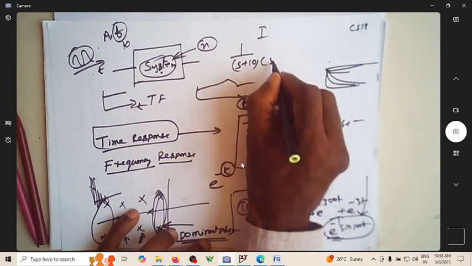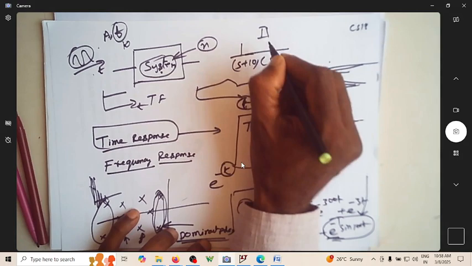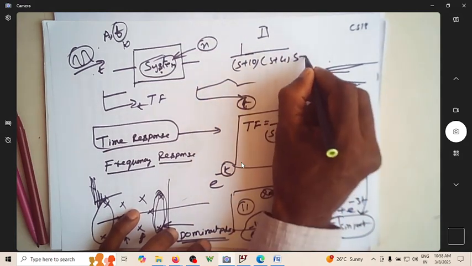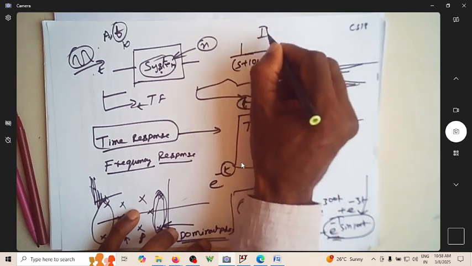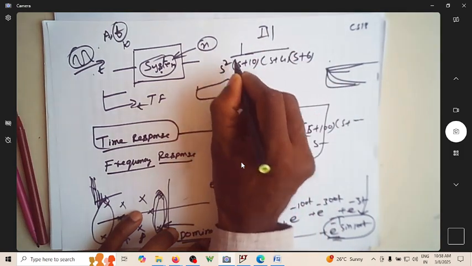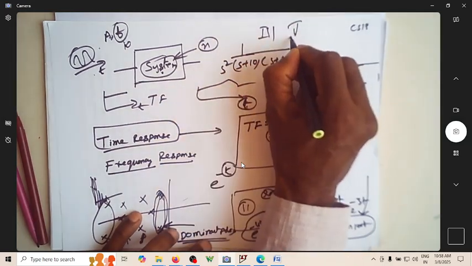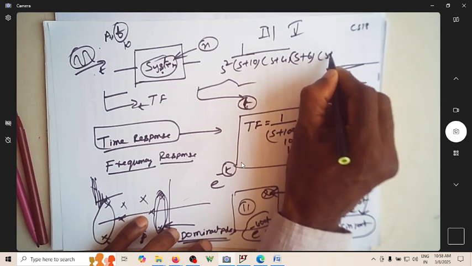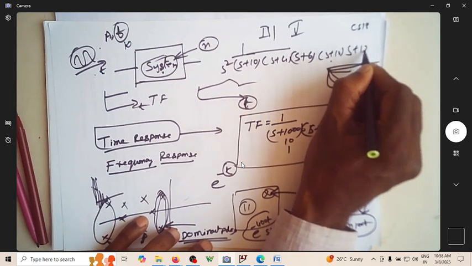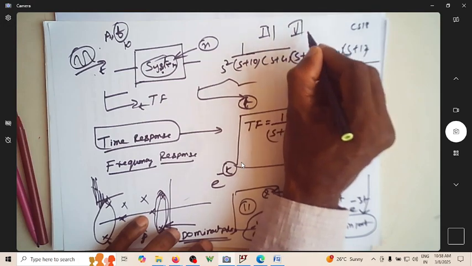Suppose you have s plus 4, so this will become a second order system. Now assume that you have s plus 6, so this will become a third order system. Assume that you have s square, now it is 2 plus 3 plus 4 plus 5, so it's a fifth order system. Suppose we have s plus 10 and s plus 12, so it is a seventh order system.